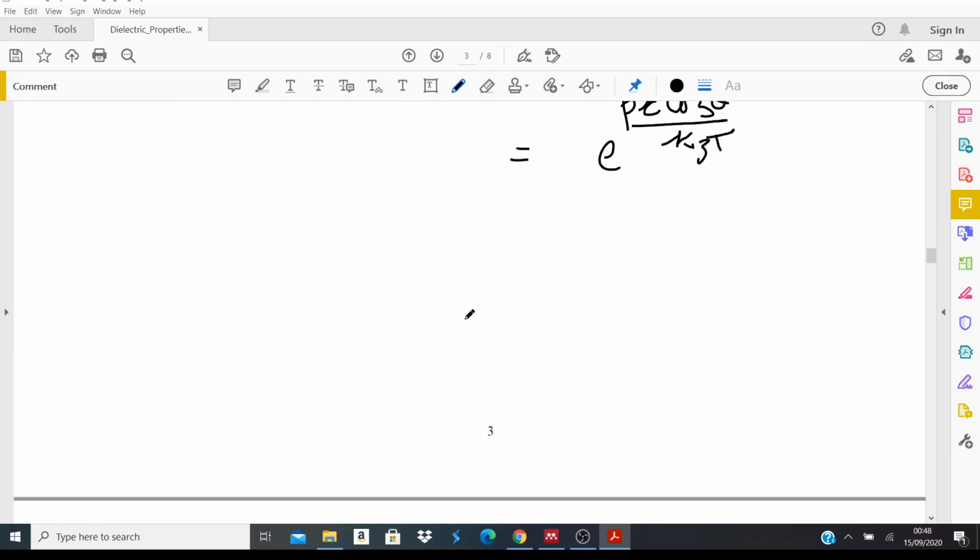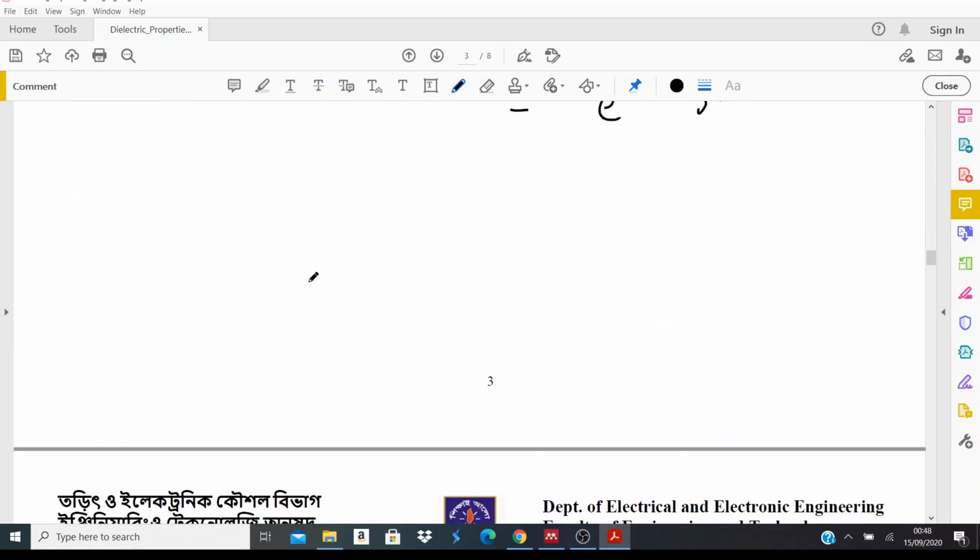So the quantity we want to calculate is the average electric dipole moment along the z direction. And how do you calculate the average? Let me give you the formula.